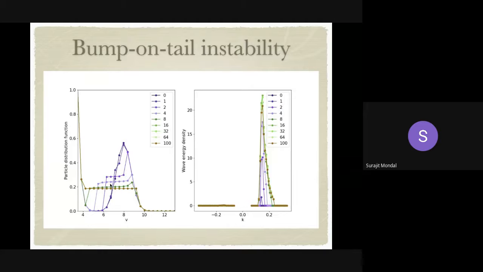Now, till when will this happen? It will happen till this condition is satisfied: that the gradient of the distribution function is greater than 0. Till that condition, this transfer of energy from the particles to the waves will happen.